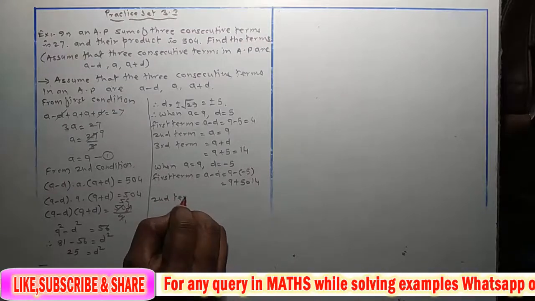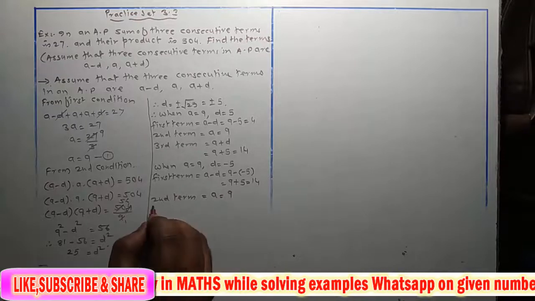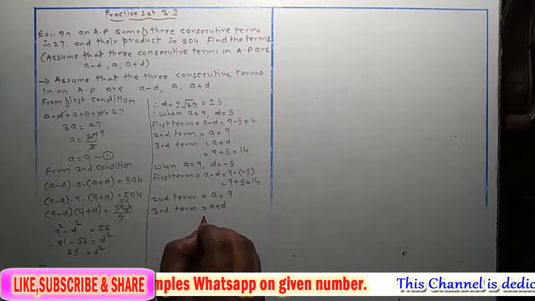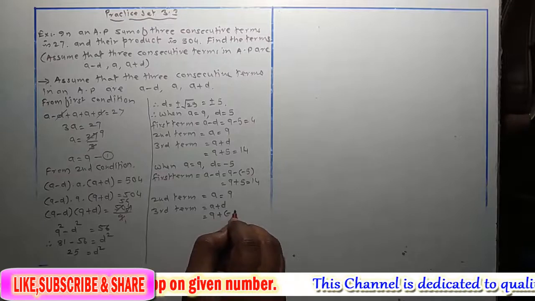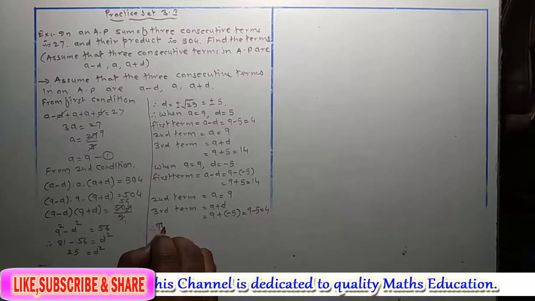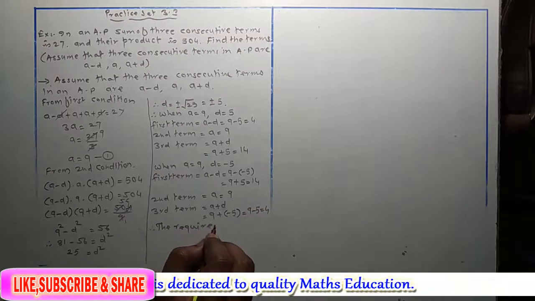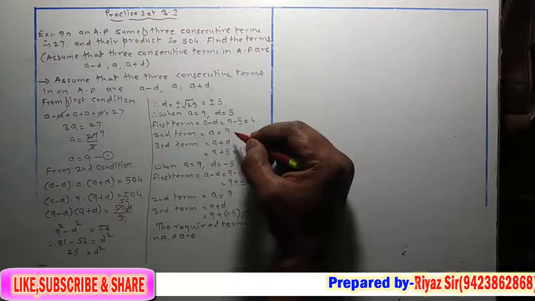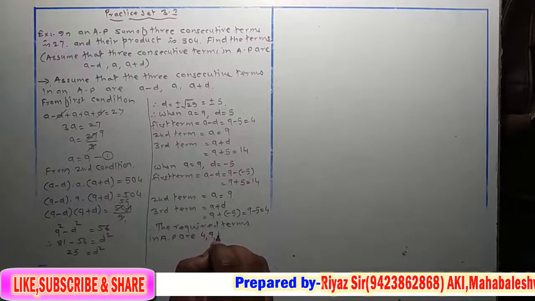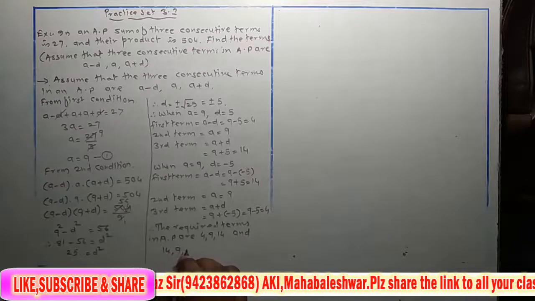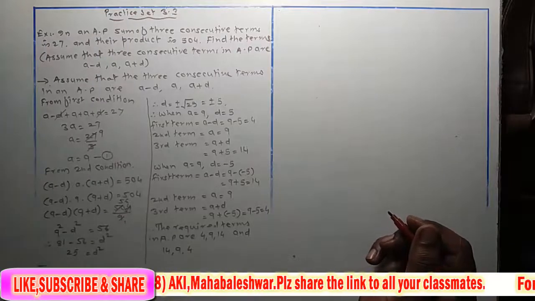After that second term is equal to A is equal to 9, and then third term is equal to A plus D, that is equal to 9 plus minus 5 is equal to 9 minus 5, that is equal to 4, and therefore the required terms in AP are first 4, 9, 14, and second pair is 14, 9, 4. So in this way we have to finish this example.